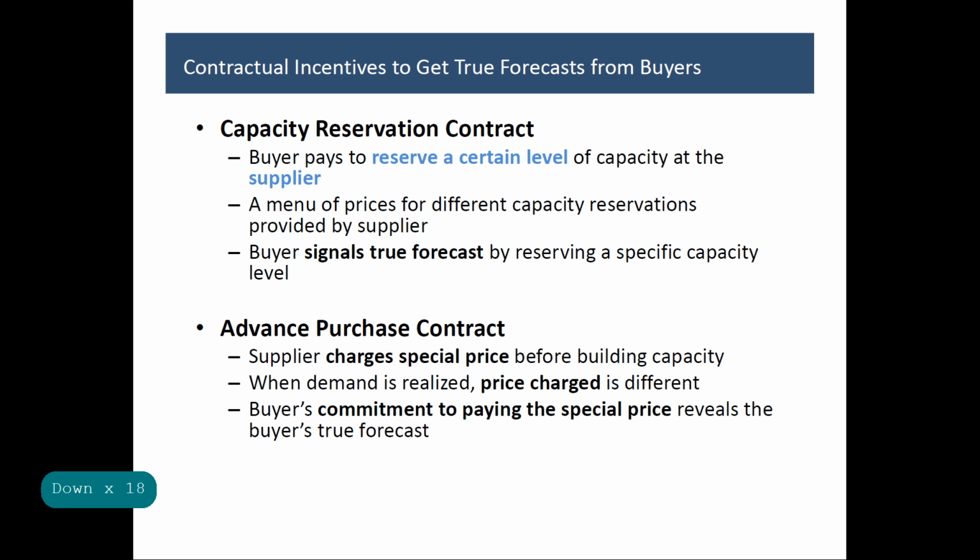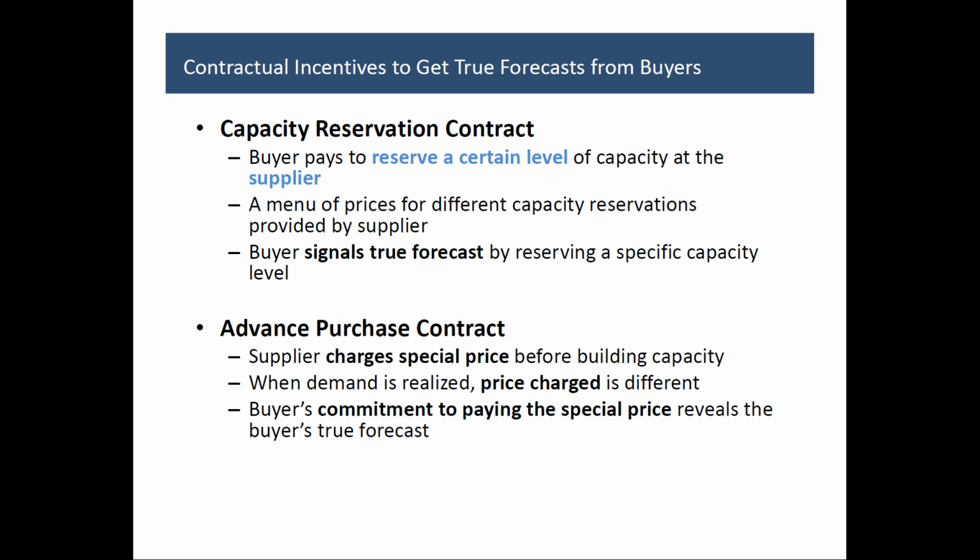And as we have seen with the strategic collaboration or partnerships, what we can also do is a little bit more on the contractual side of the collaboration. So we could use some capacity reservation contracts where the buyer pays to reserve a certain level of capacity of items at the supplier.